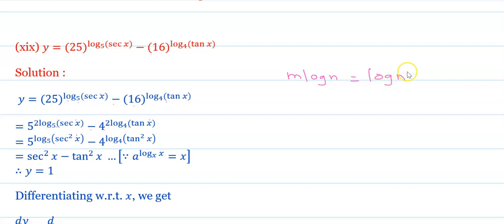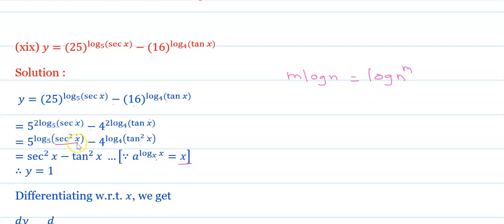Log of n raised to m. Similarly here, that is sec square x to the power log of sec square x to the base 5, and 4 raised to log of tan square x to the base 4. Again by using the rules of logarithm, a raised to log of x to the base a is x.